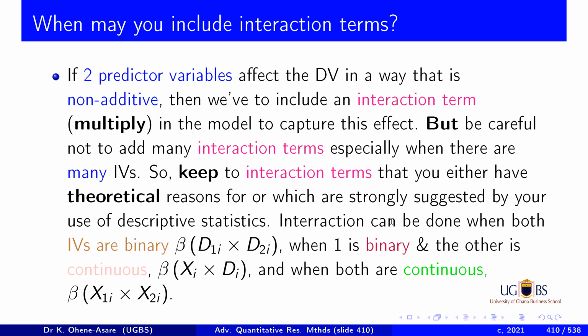Let's take an example. We all know the relationship between competition and profitability. It is believed that when firms are very competitive, they tend to be more profitable. That's the general belief. But somebody might say that if you are competitive but you are not diversifying into other products, it can affect your profitability.